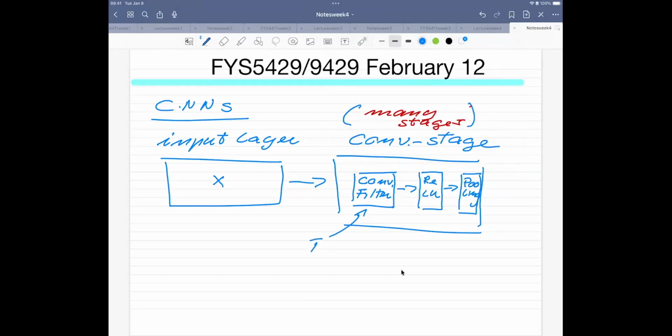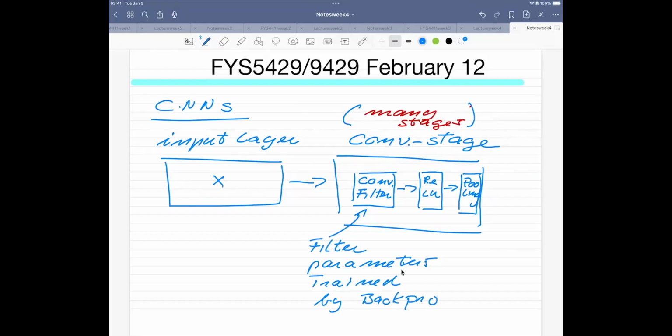So these are filter parameters, and we are going to see quickly now how these filter parameters appear. Filter parameters, and these are trained by backprop.